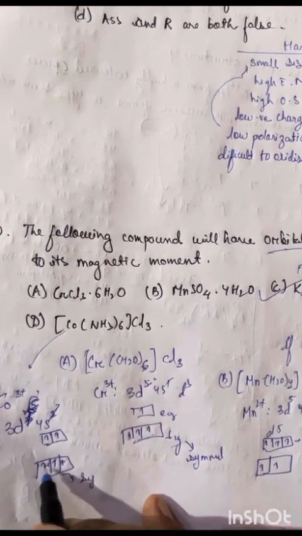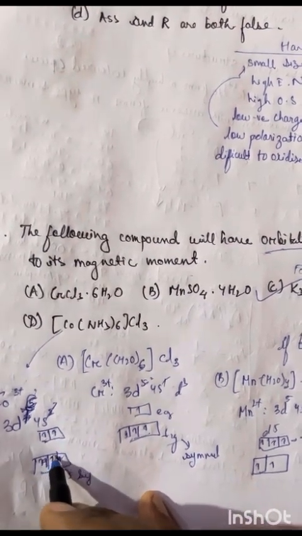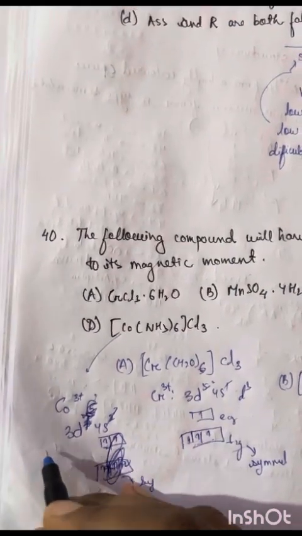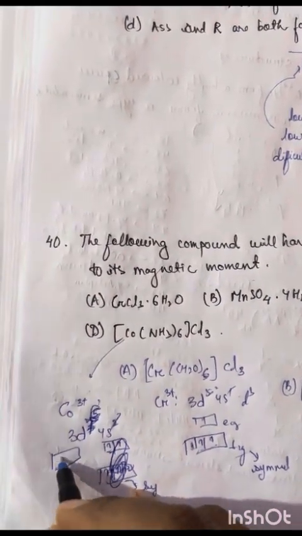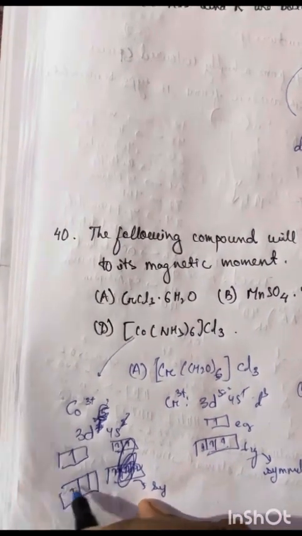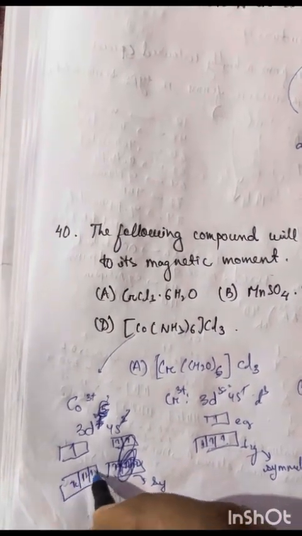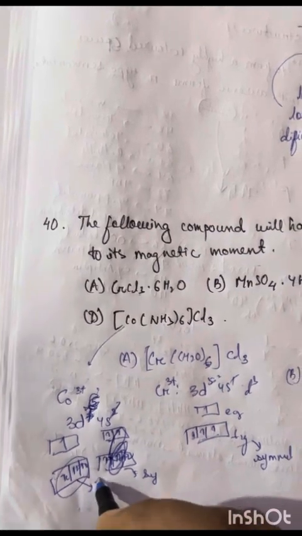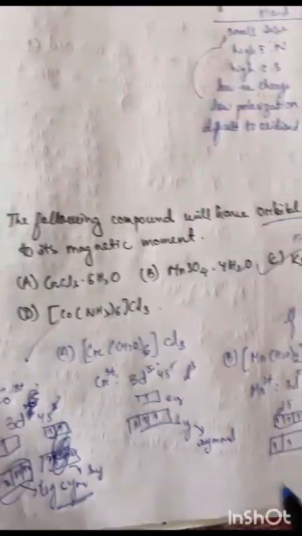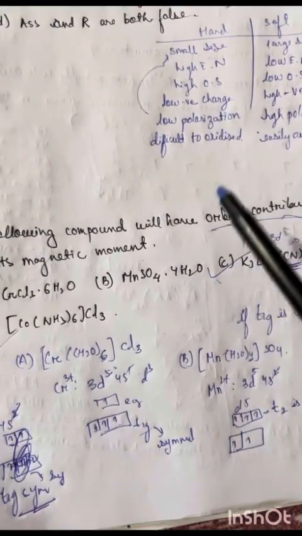So it will be pairing, right. 1, 2, 3, 4, 5, 6, and this is T2g, symmetrically filled, right. So therefore the answer should be C. Thank you.